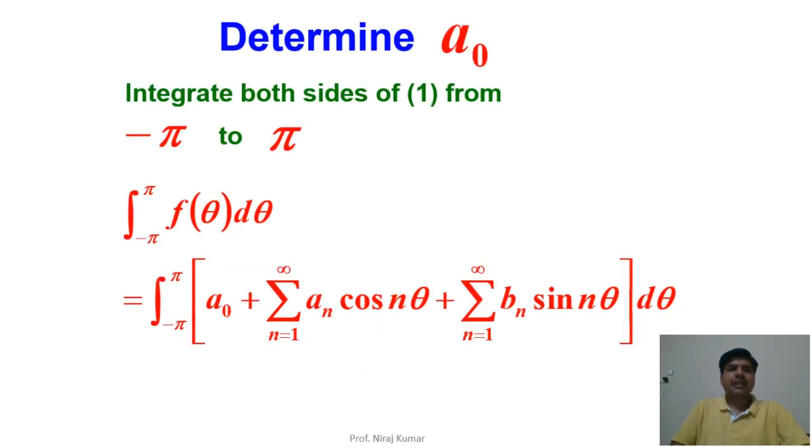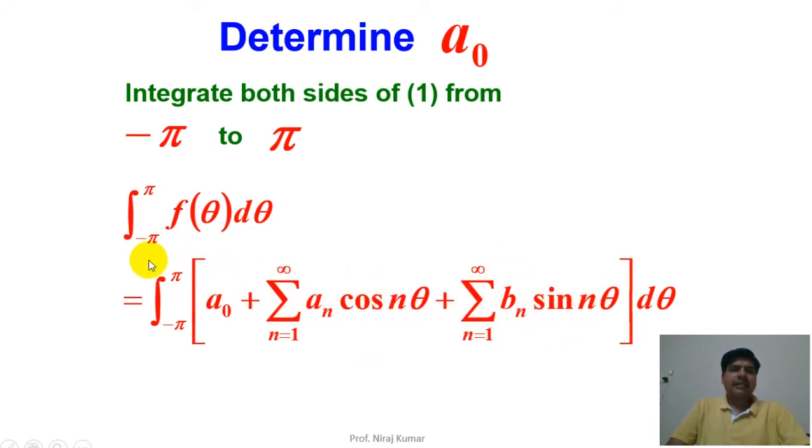Now let us calculate the coefficients. The first coefficient involved in this is a naught. To calculate this, integrate the function from minus pi to pi. We have already assumed the f theta function as a naught plus summation of an cos n theta and summation of bn sin n theta.